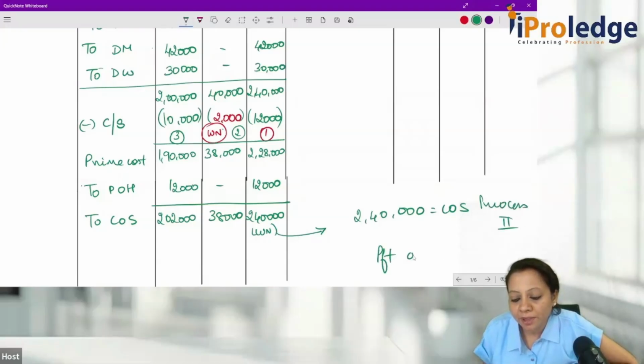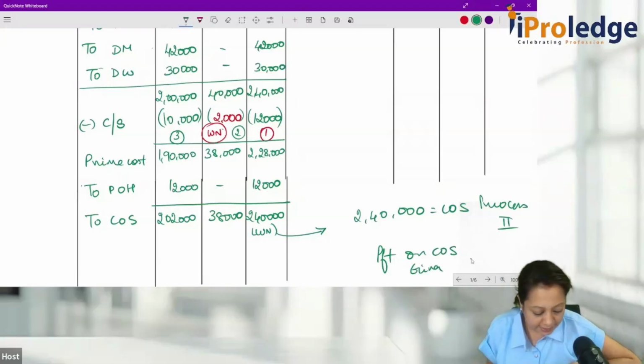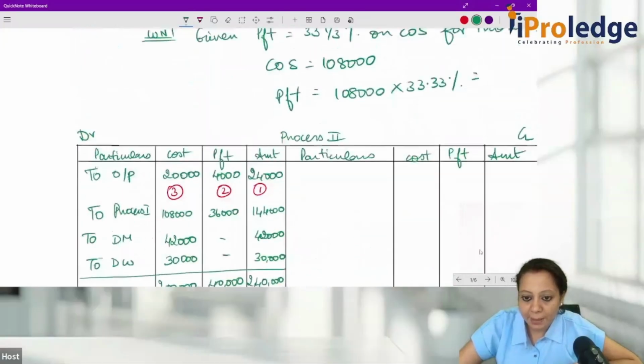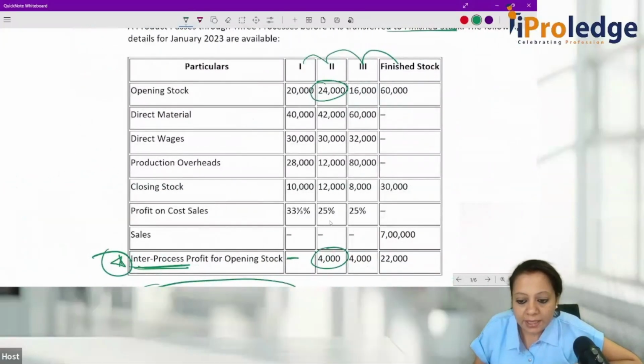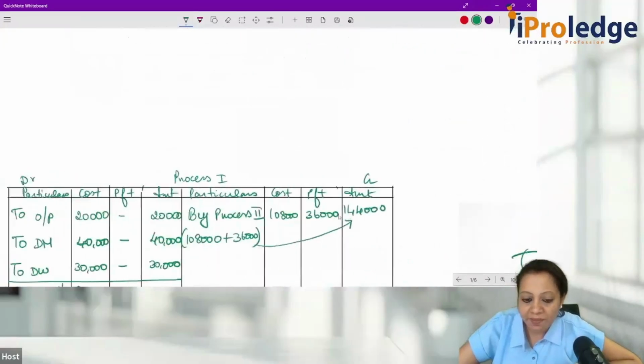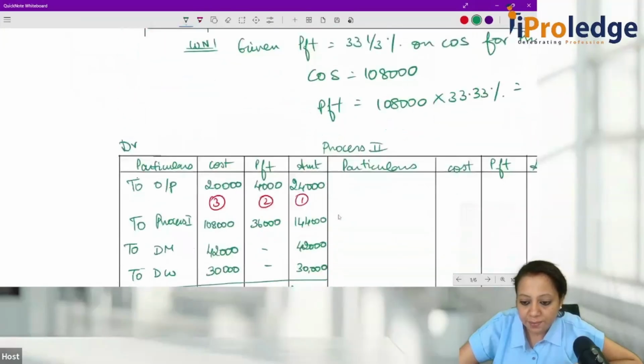Profit on cost of sales is given to be how much? 25 percentage, right? So I'm going to use that 25 percentage.